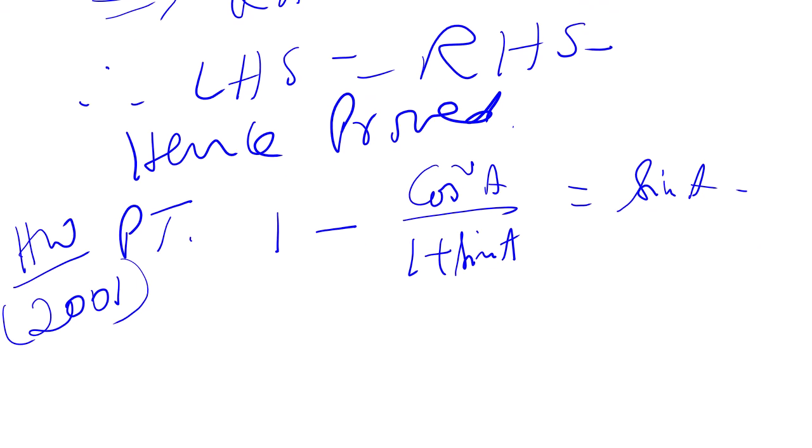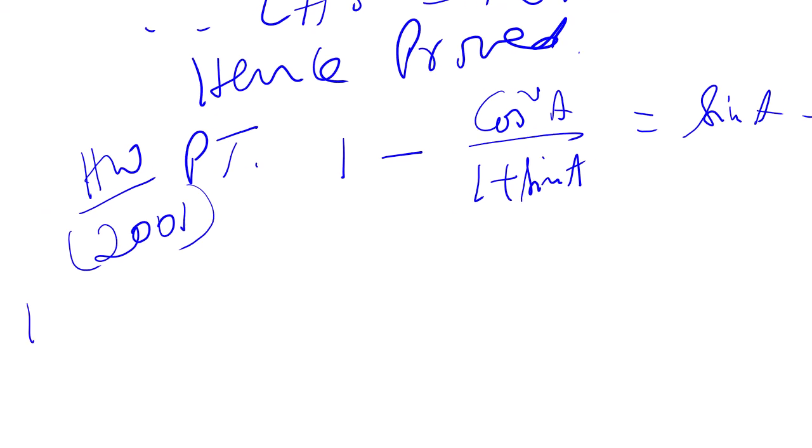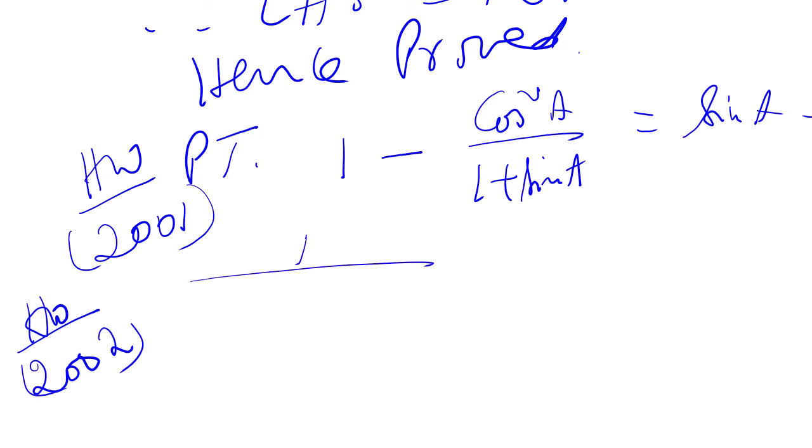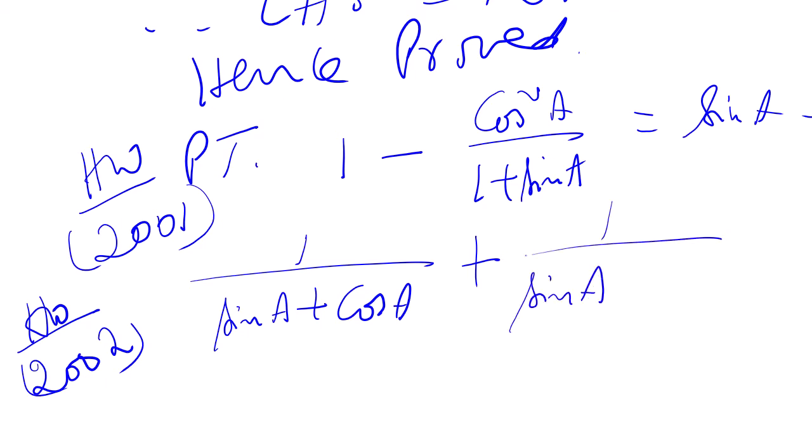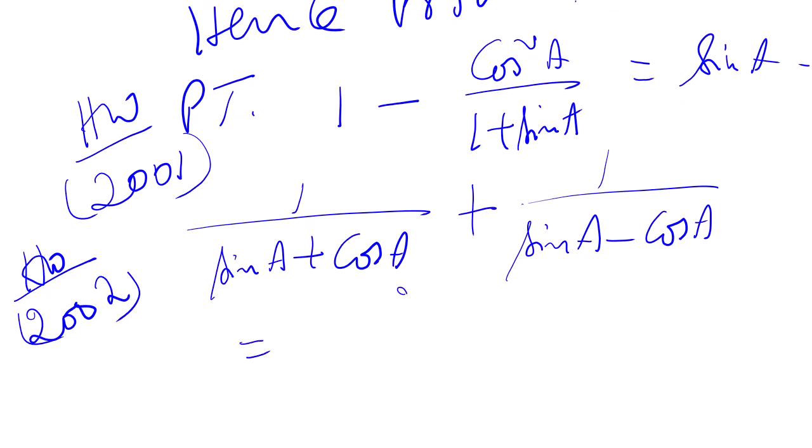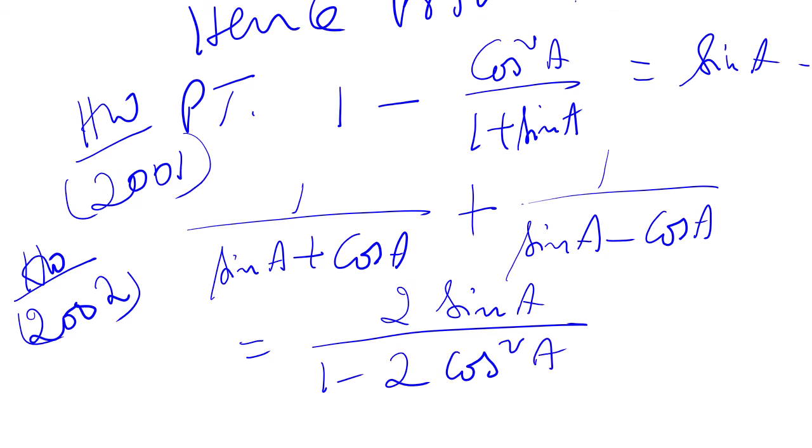Right. Okay. Next question is also homework, which came in the year 2002. That is 1 upon sine a plus cos a plus 1 upon sine a minus cos a is equal to 2 sine a upon 1 minus 2 cos square a.